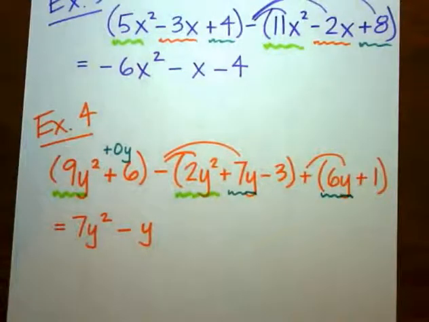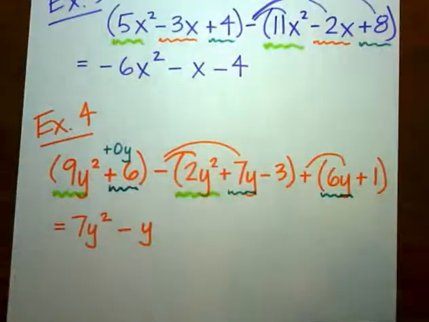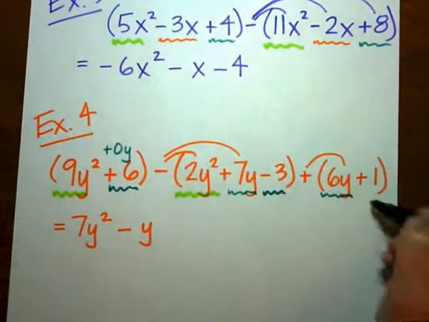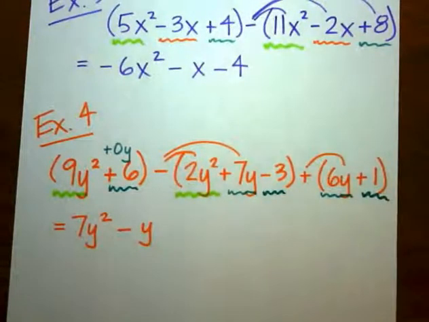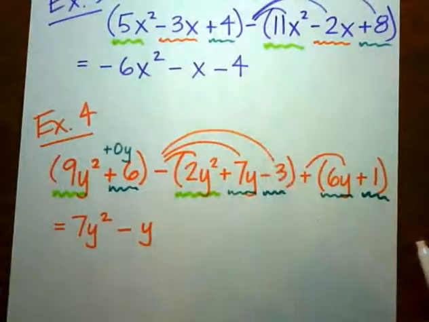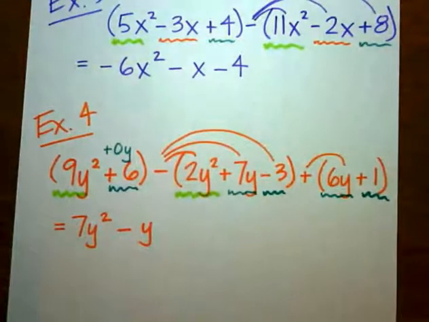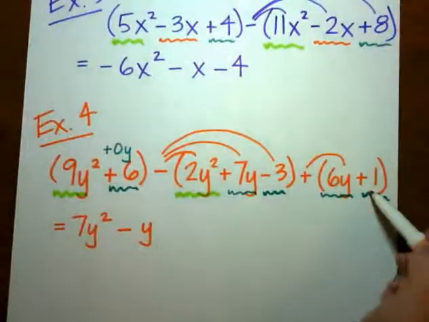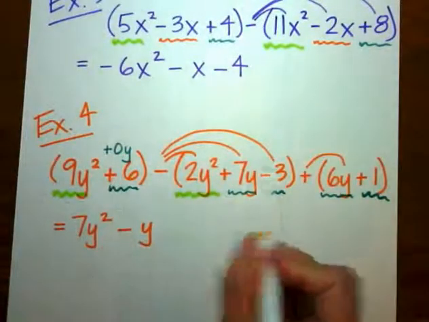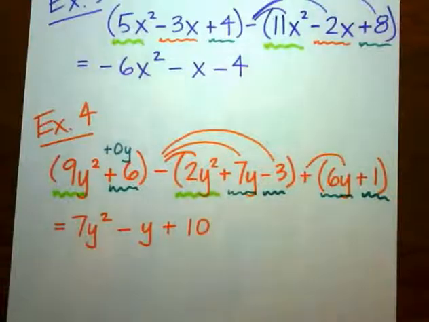And then for the last term, we have a 6, a negative 3, and a 1. So we have 6 minus negative 3, which would be 6 plus 3, so that's 9, plus 1. So we have 6 plus 3 plus 1, so this is 10.